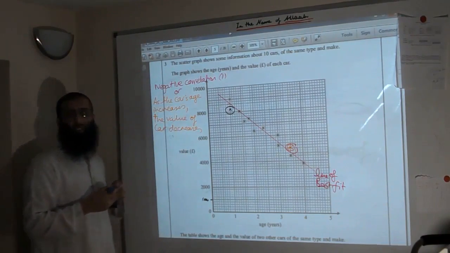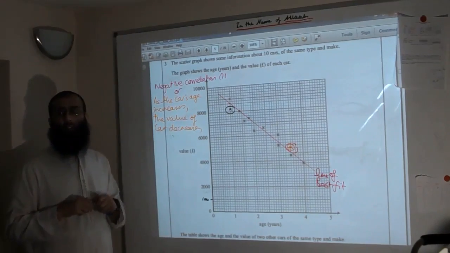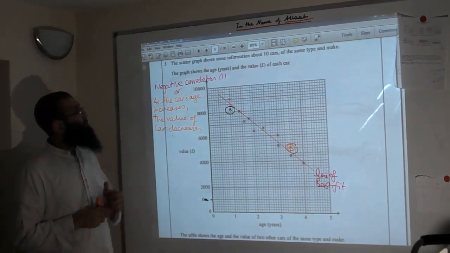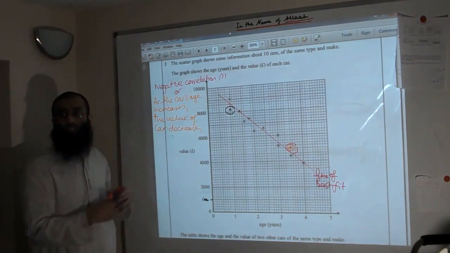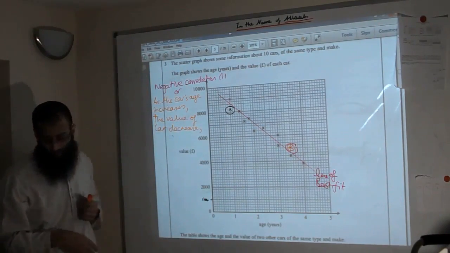Both answers are perfectly acceptable in this type of question, but do not just write the word negative, you will get nothing for it. Negative alone doesn't mean anything. It must be negative correlation, or you actually describe the relationship. So as the age is increasing, the price is decreasing, and that's done for the question.